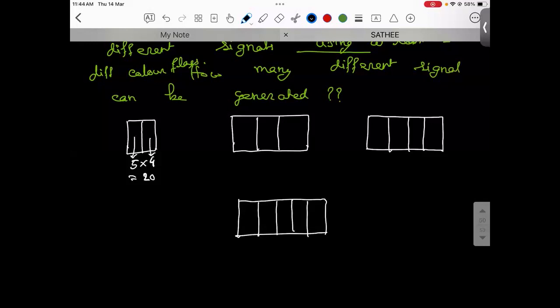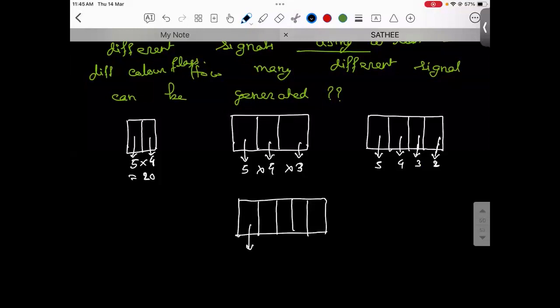Similarly, for the second case, for the first place I have 5 choices, second 4 choices, third 3 choices. Similarly, 5, 4, 3, 2, and the fourth case is 5, 4, 3, 2, 1.